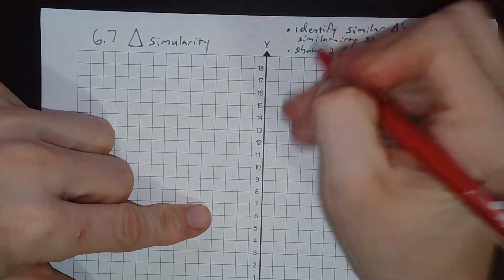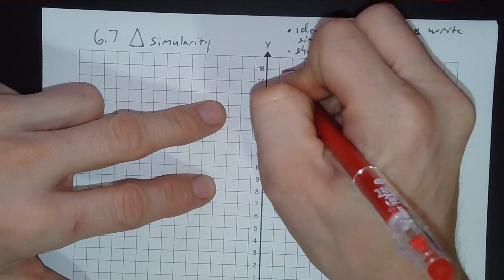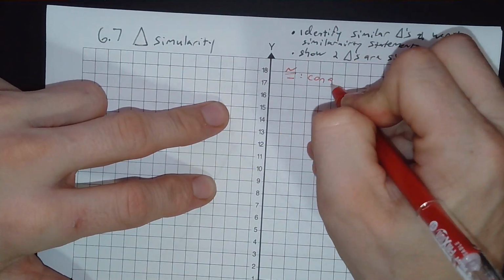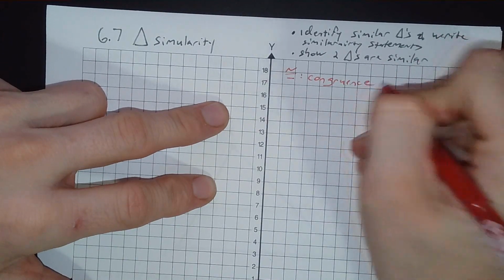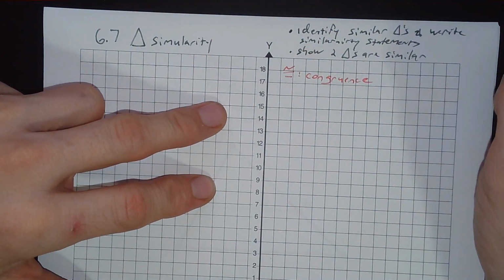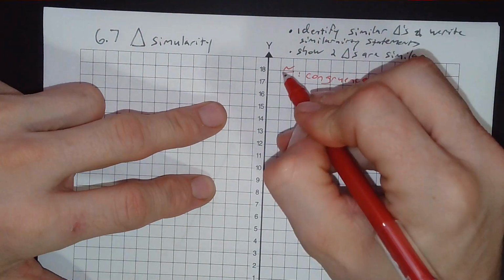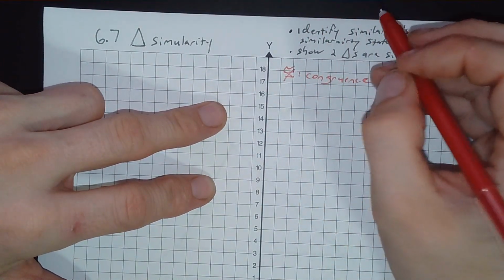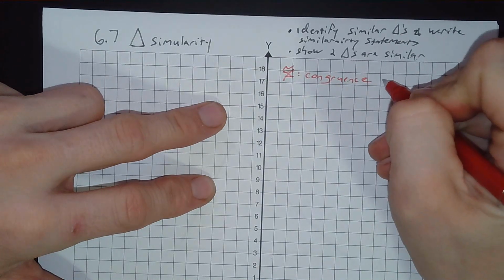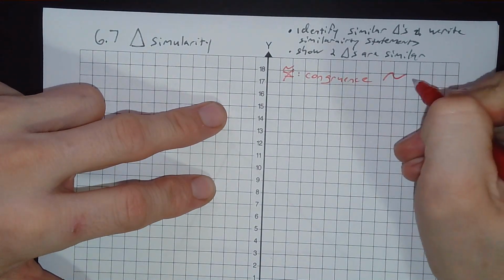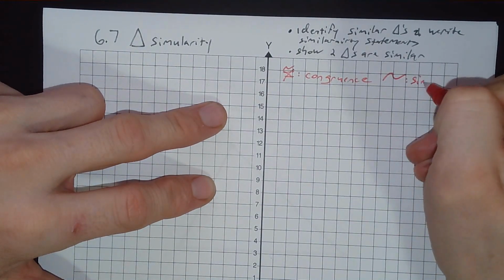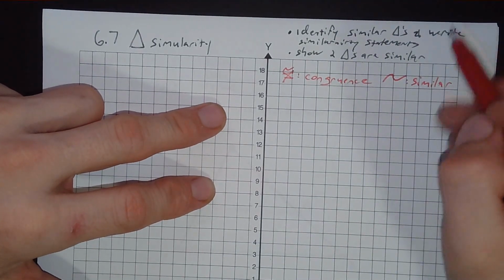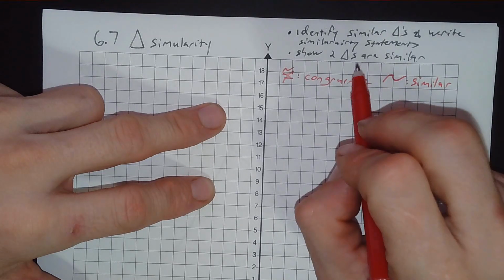So if you remember congruence, the congruent symbol, if you took away the equal sign, you got this, and that is similar. We're going to be using the similarity symbol a lot.